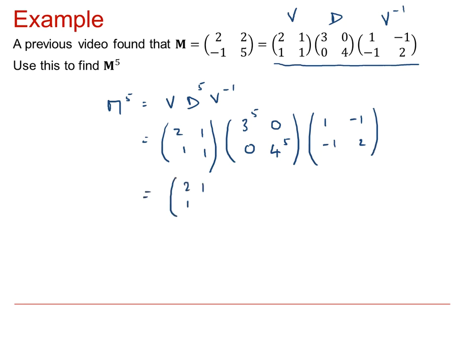So raising that diagonal to the power 5 produces 243, then 0, 0, and 4 to the power 5 is 1024.